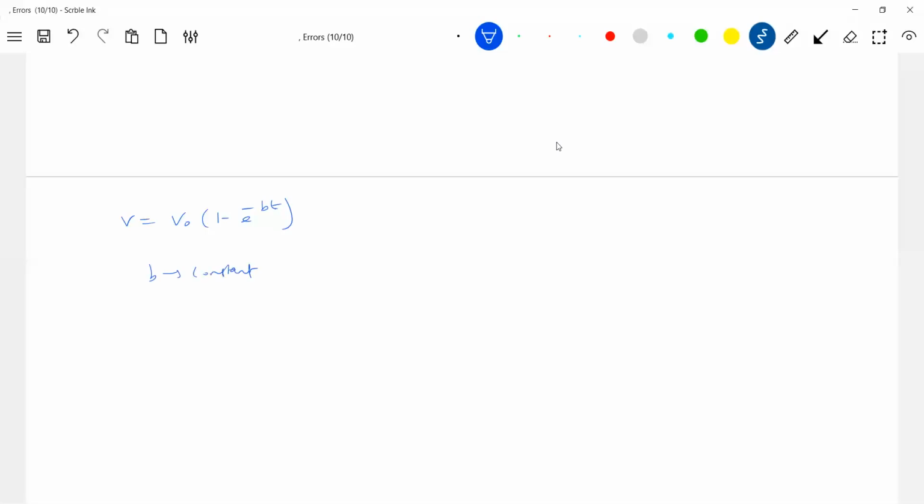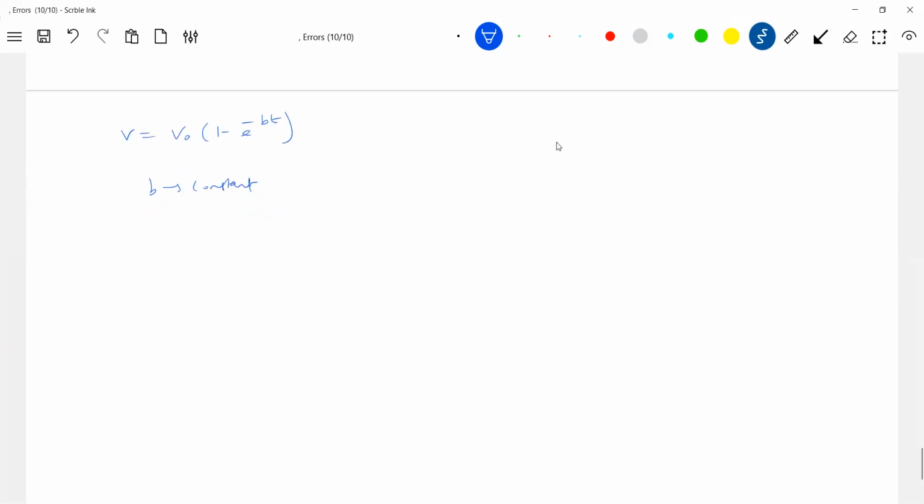In fact, if you want, you can bring variation there also. What about error? How does it propagate in this case? We'll take v naught as one function and 1 minus e to the power of minus bt as one function, or you can expand this, nothing wrong.